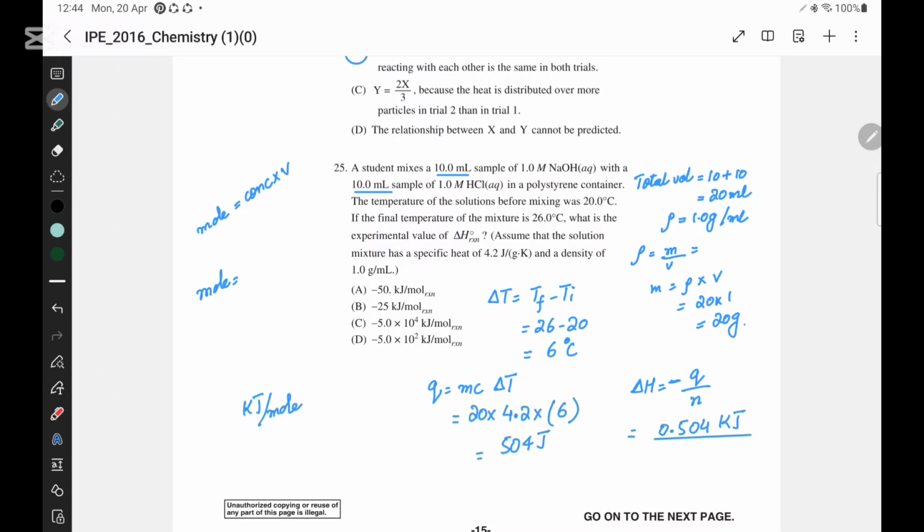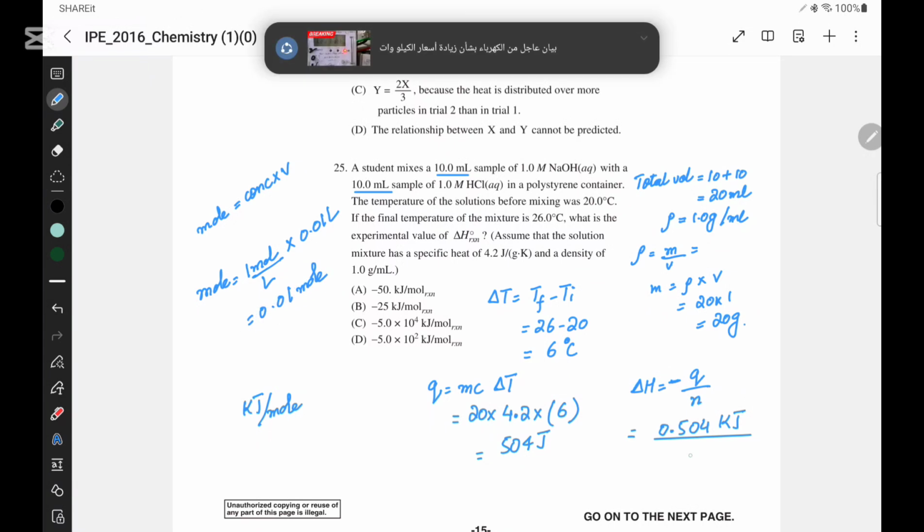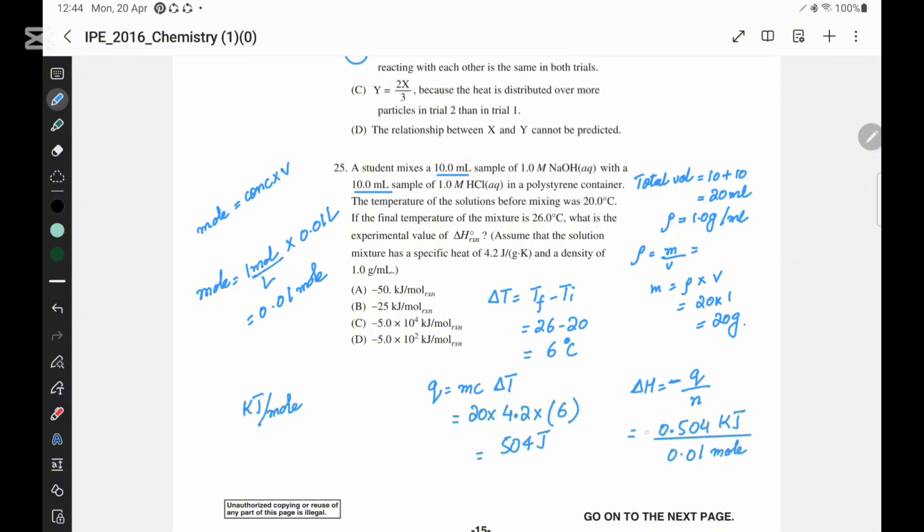Concentration is 1 mole per liter for each of them, and the volume here is 0.01 liter, so that comes out to be 0.01 mole. There is a negative sign there, so it comes out to be minus 50.4 kilojoules per mole. So that is going to be A.